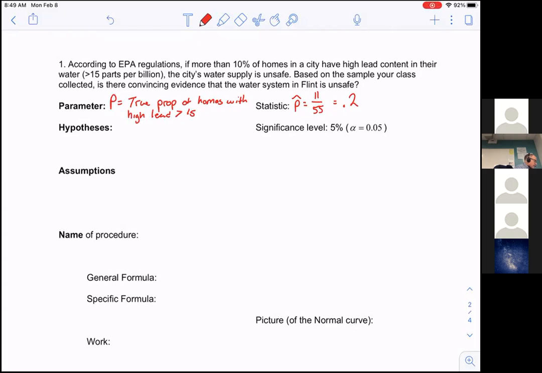So that means my null hypothesis is that my proportion is equal to 10%, if more than 10% of the homes. So that means my proportion is going to go against 10%. My alternate hypothesis is going to be, oops, see, I'm already messing this up. Got too many things in my brain, can't handle it.